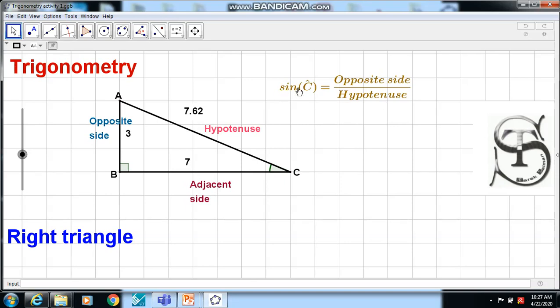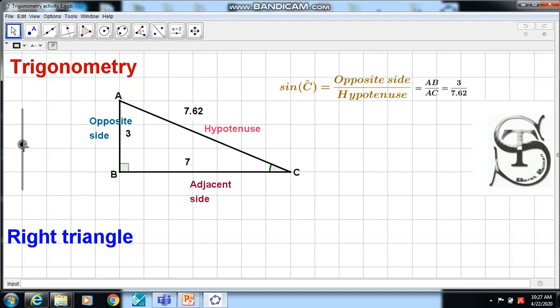Okay, sine. We call it sine of angle C. Sine of the angle C is the first trigonometric function to use in this year in grade 9. Sine C is equal to opposite over hypotenuse, so it is equal to 3 over 7.62 in our case, AB over AC.